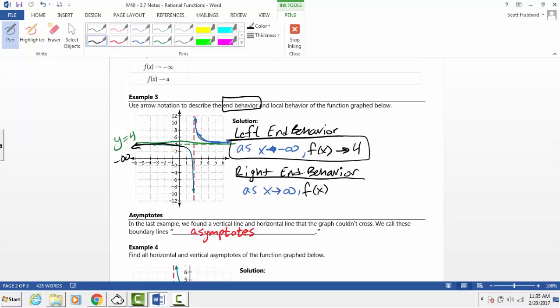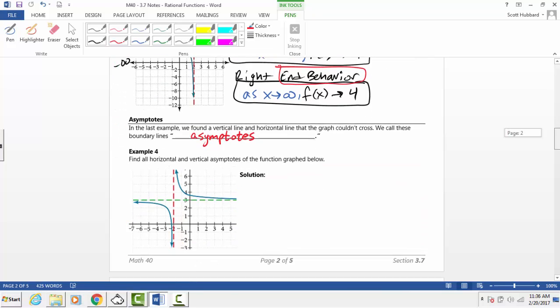F of x goes also to 4. And so these are the end behaviors, not the local behavior. Just get comfortable with doing the different arrow notations and stuff like that.